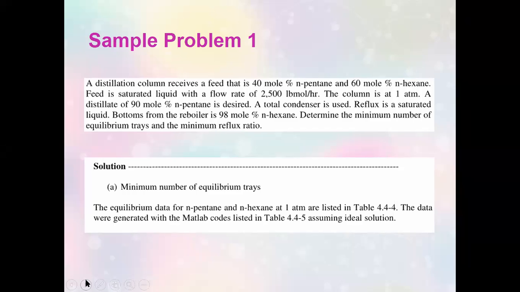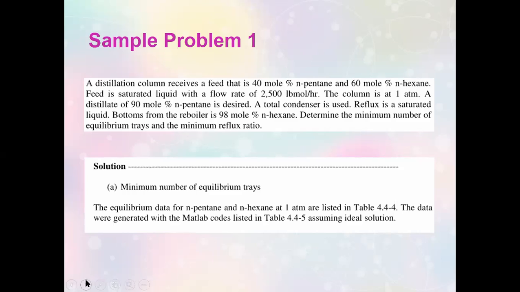For this sample problem, you're given a distilling column receiving a feed that is 40 mole percent pentane and 60 mole percent hexane. Your feed is saturated liquid, and you know this, if it's saturated liquid, the q is equal to 1, with a flow rate of 2,500 pound mole per hour.